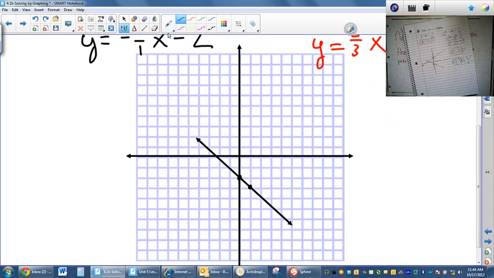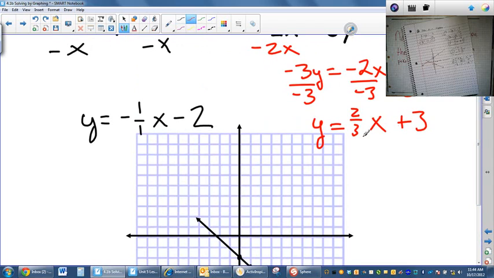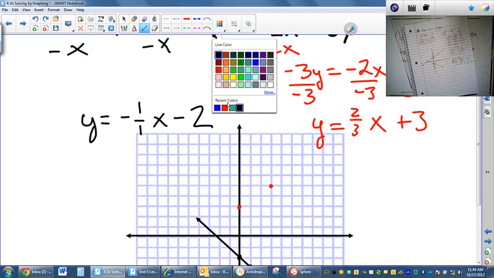And for the red one, we have y equals 2/3 x plus 3. So we're going to go up to 3, and then we're going to go up 2 over 3. 1, 2, 3. I then need to get a red line. I'm going to go from right here to right there.